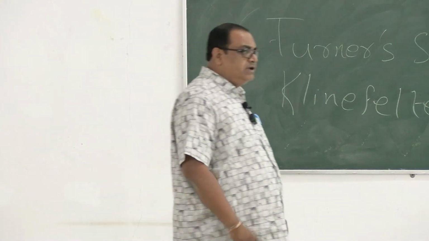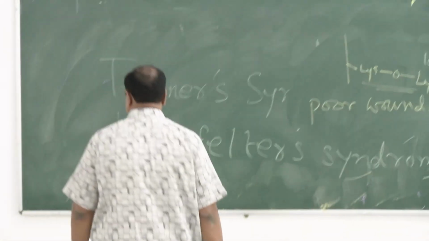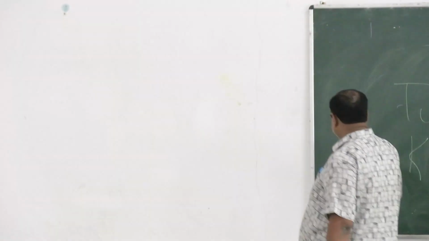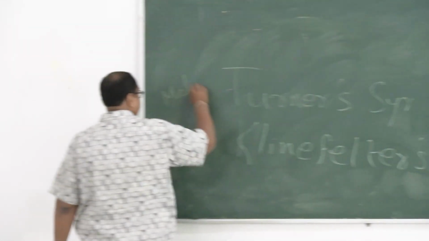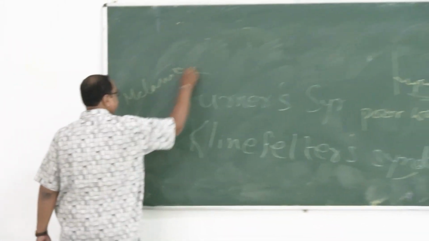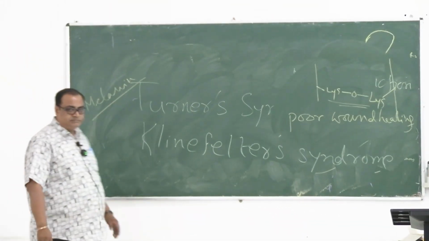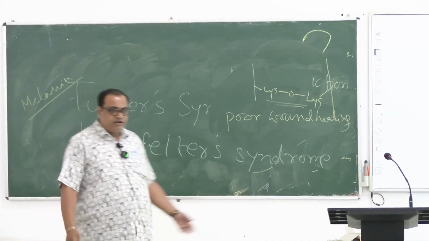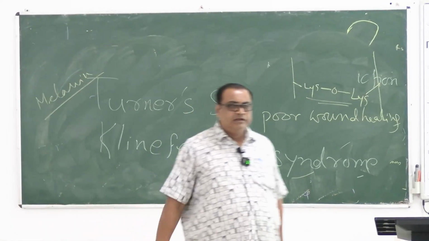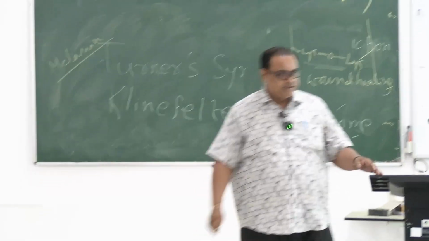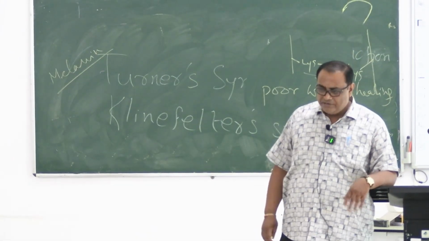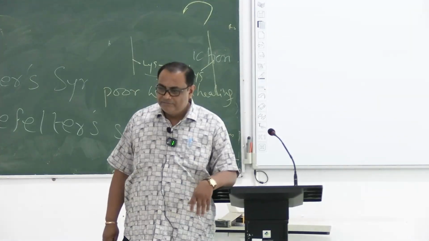T, tyrosinase. Can anyone tell me about the tyrosinase enzyme? Where do you find it? Correct? So if the tyrosinase is not there, then the pathway which synthesizes melanin will not be there. What will happen?